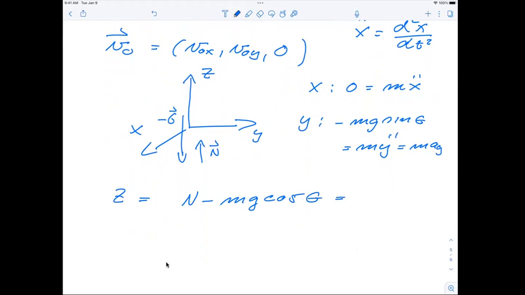And this is the same as m times z second derivative. And what we are assuming now is that there is no force in the c direction. So this is the way we would now decode the text in the exercise.